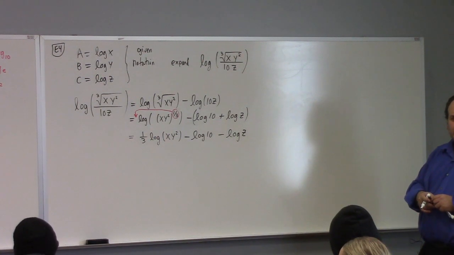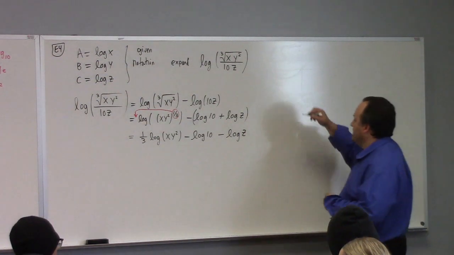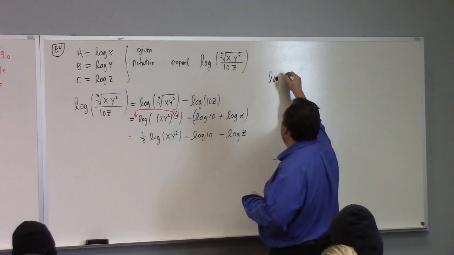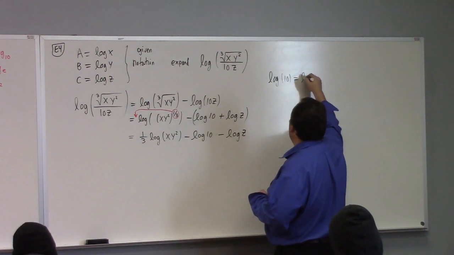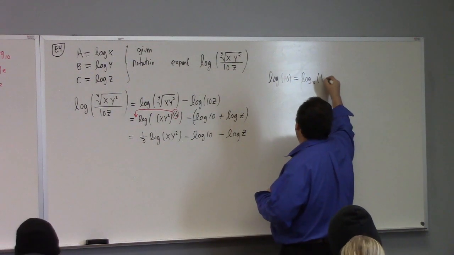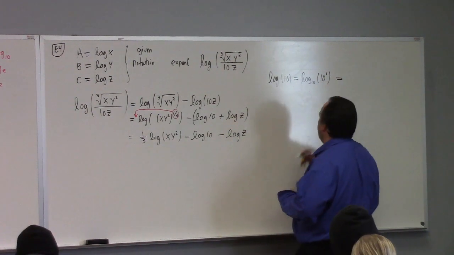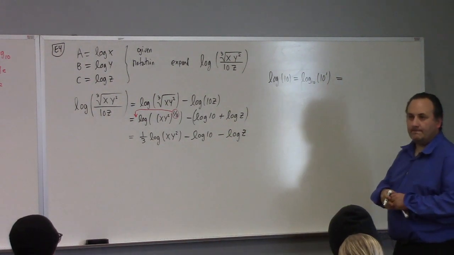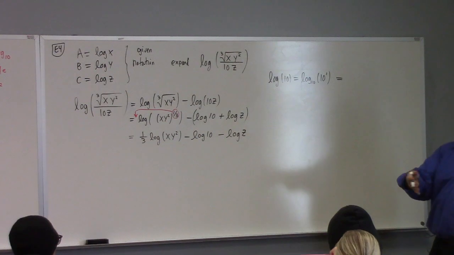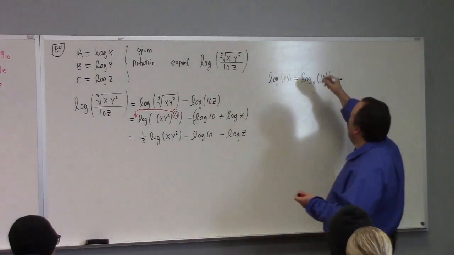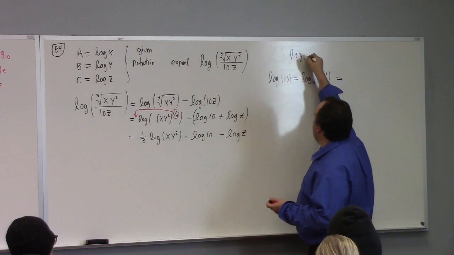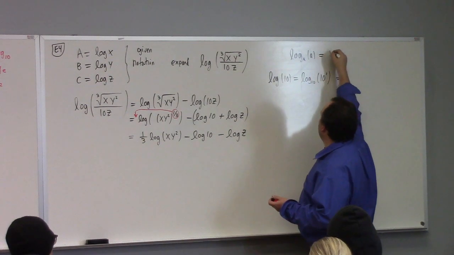What's log of 10? The common log. Log of 10 is log base 10 of 10 to the 1. So what's it equal to? Something you should know going forward, guys, is if we ever have log base a of a, you just get 1.